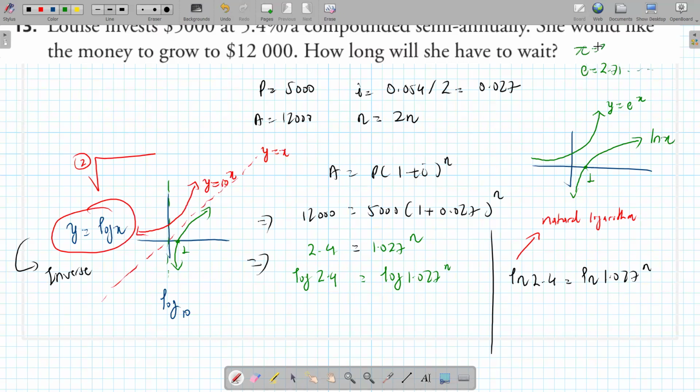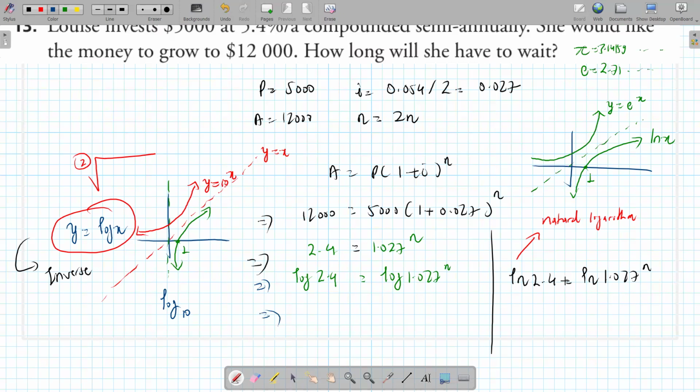Like how pi is 3.14159, whatever. e is the natural number, okay? And ln of x is the inverse of e to the power of x as a function. It's called a natural log. You can use both of these. They will give you the same answer. We're going to stick with logs. Lns you want to use if you have e. Anytime you see e, you want to use lns.